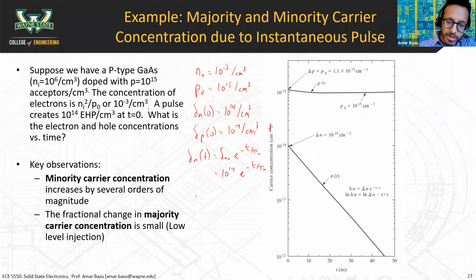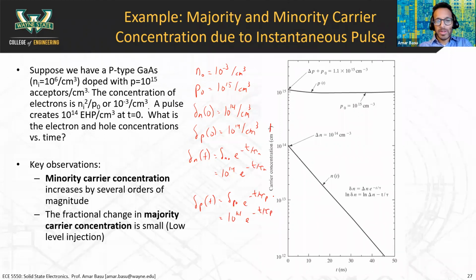The hole concentration, delta p of t, equals delta p0 e to the -t over tau sub p, 10 to the 14th e to the -t over tau sub p. So there's our equations for the electron and hole concentrations.